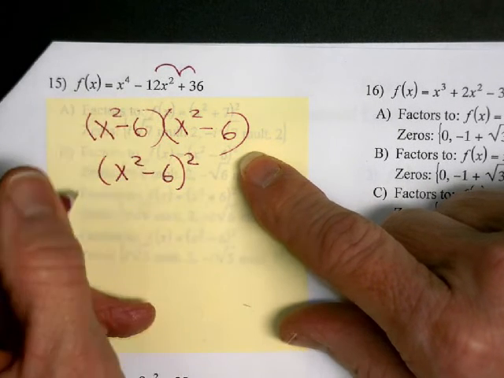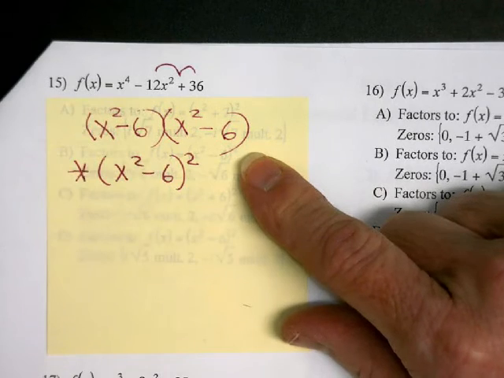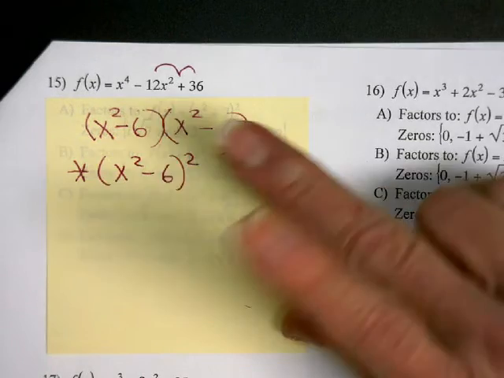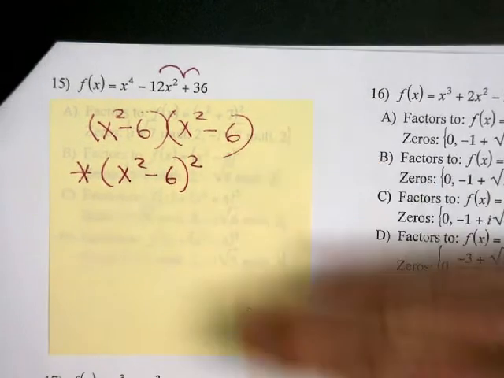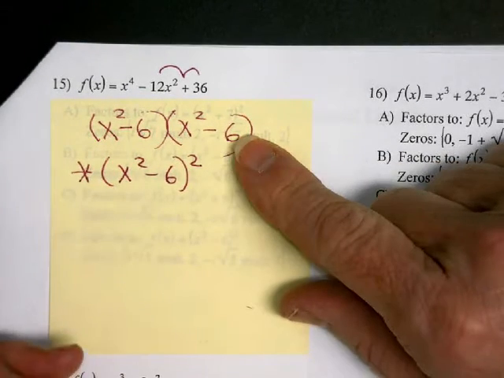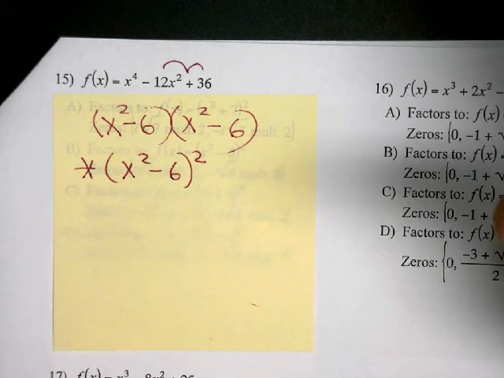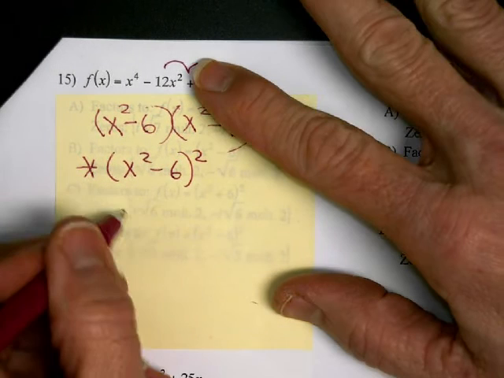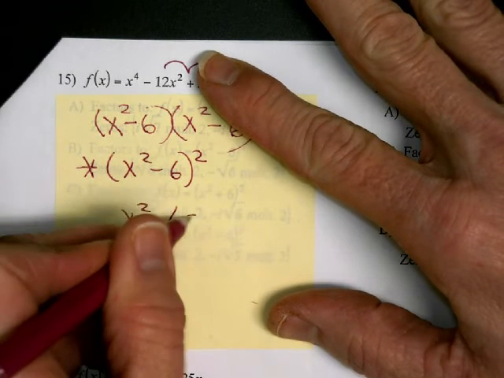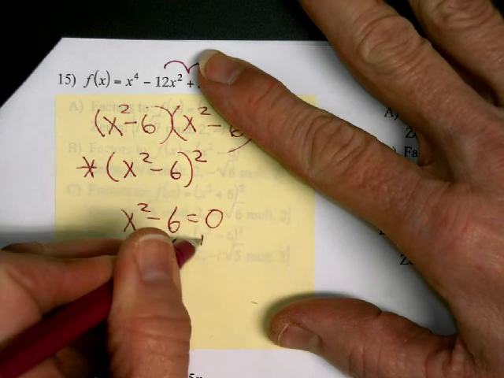So on 15, they have their factors written as x squared minus 6 squared. So be looking for that. That's the answer you find. But there's two of them that have that answer. So we've got to set one of these equal to 0 and know there's a multiplicity going on.